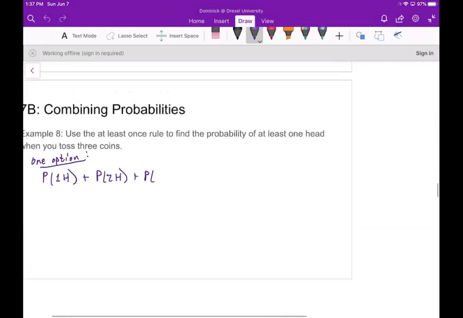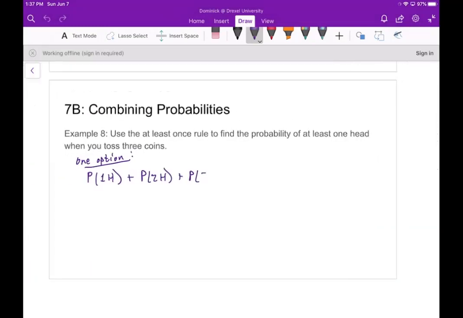Okay, sorry about that. So then we have the probability of 3 heads here. Now we said that the better option, since there's only one more outcome, and that's the probability of getting 0 heads, is to take 1 minus that. Well, we know that the probability of getting 0 heads, if we toss 3 coins, is to get all tails, which only happens 1 out of 8 times.